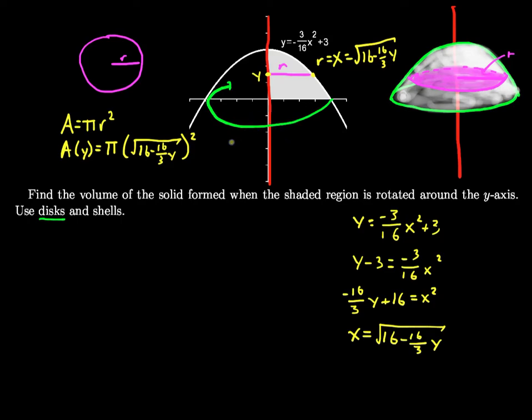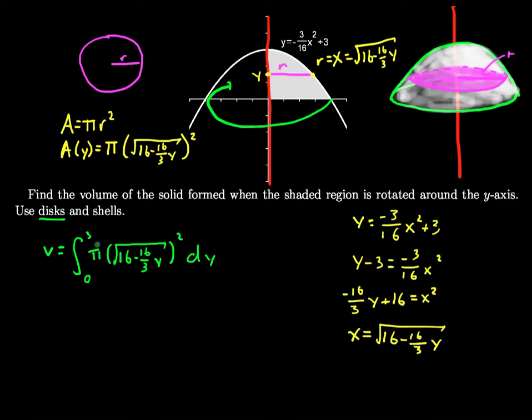And if you recall, the disk method says the volume equals the integral from a to b. I'm going to jump straight to y from 0 up to 3 of pi times the square root of 16 minus 16/3 y, squared, dy.